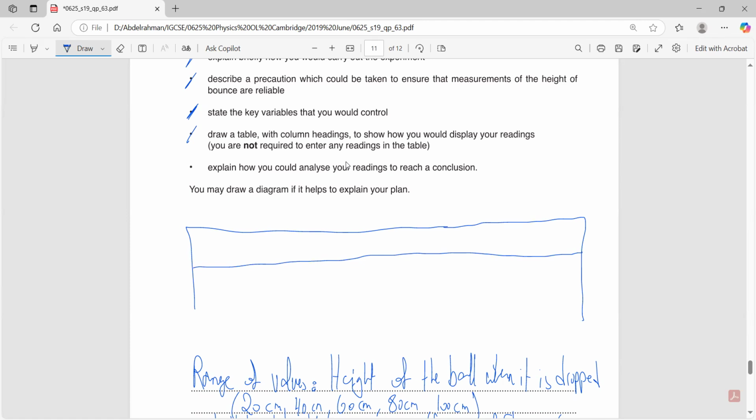So you have the table: the height of the drop, which is in centimeters, and the bounce height, which is also in centimeters. Not bad, right?